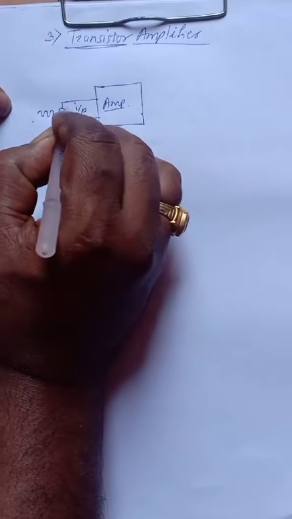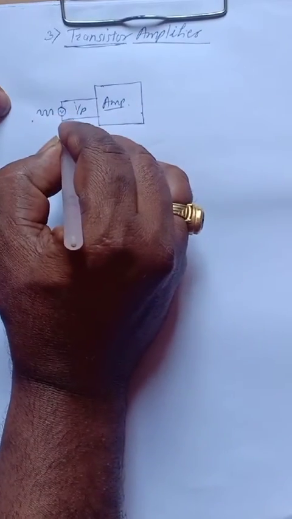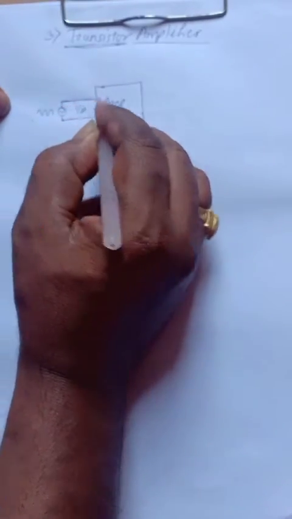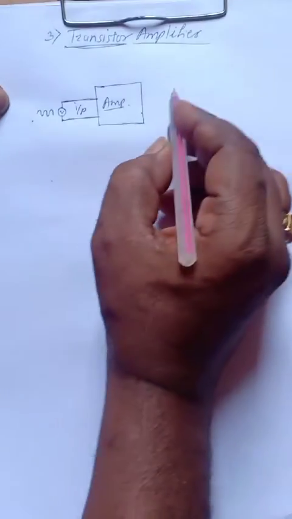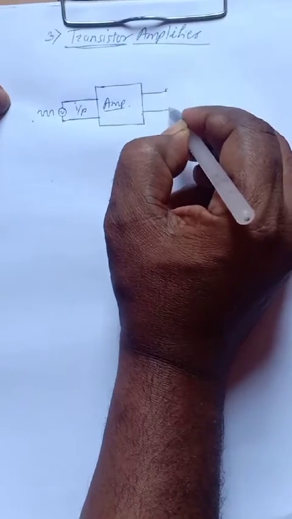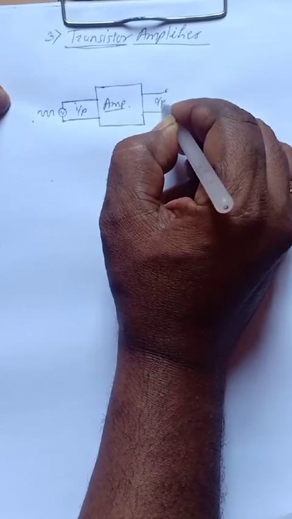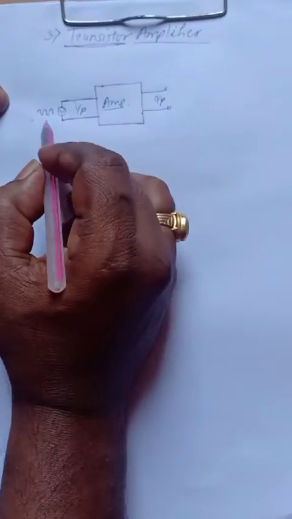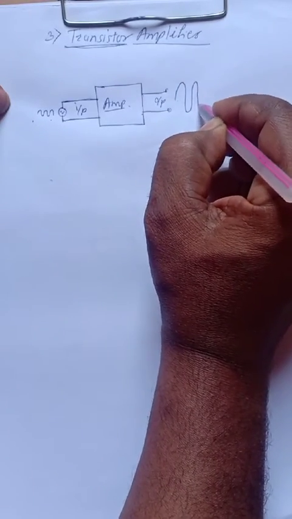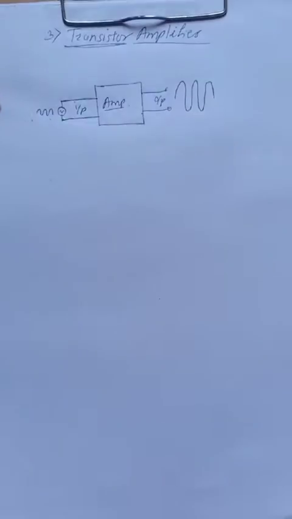We name this as input. This is applied to the two input terminals of the amplifier, and the amplifier amplifies the signal at the output terminals. So the weak signal is amplified, meaning its amplitude increases at the output.